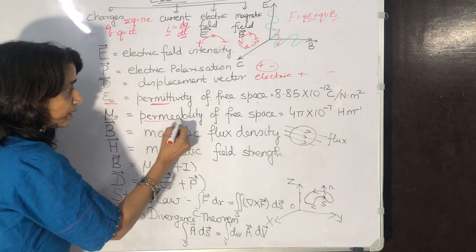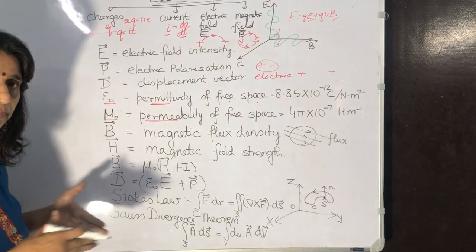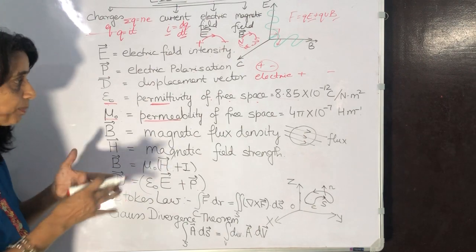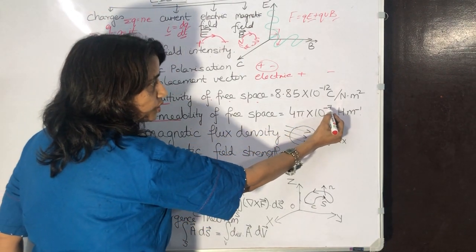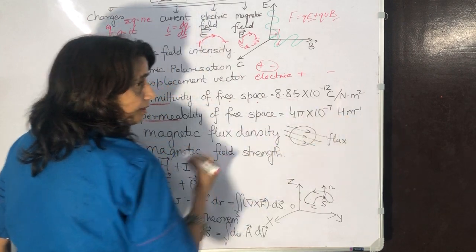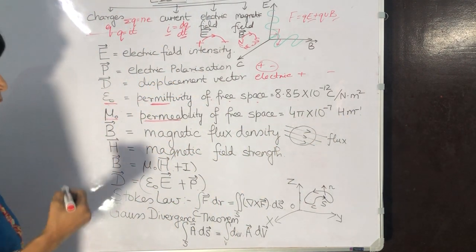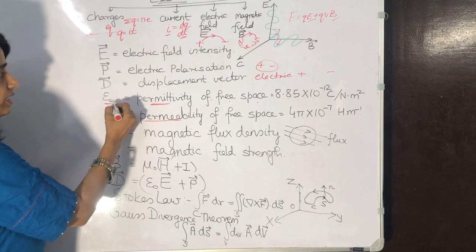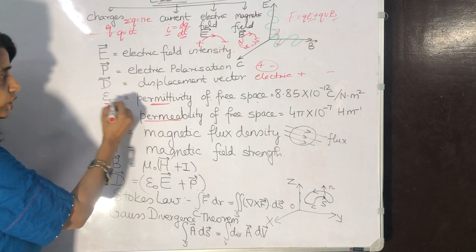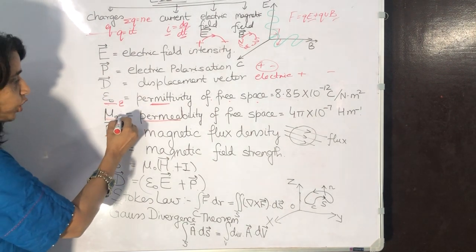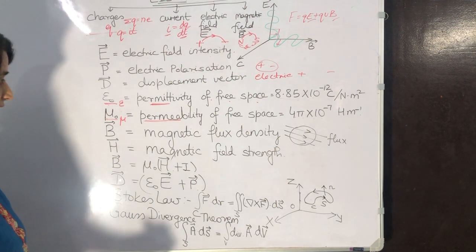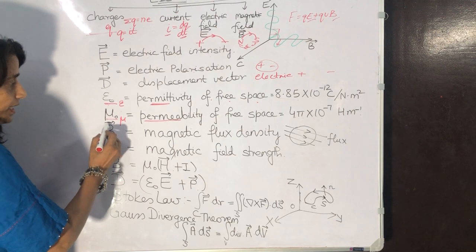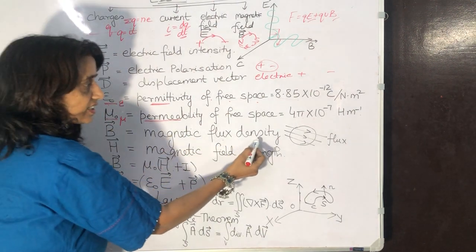Mu naught is permeability, how much it is penetrating, how much is the permeability of free space, which is 4 pi into 10 to the power of minus 7 Henry per meter. When we take a medium, we will replace epsilon naught with epsilon and mu naught with mu for that specific medium. Then B is magnetic flux density.